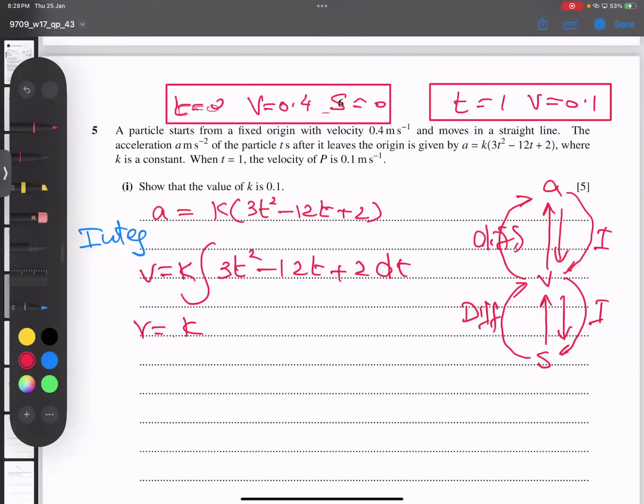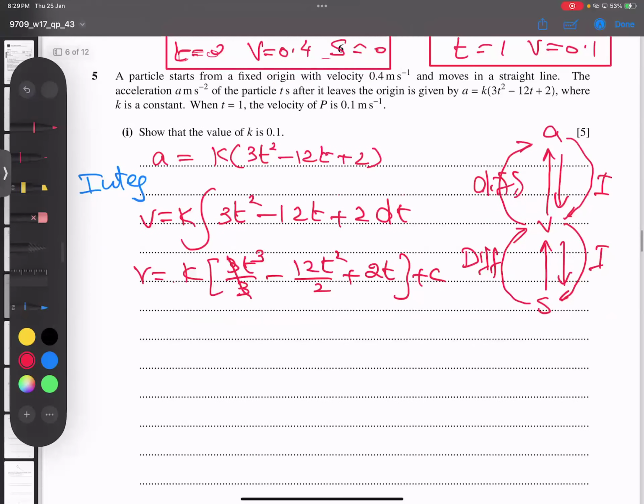What is the rule of integration? Increase the power by 1 and divide by the same. So this becomes 2t, plus c. I write plus c outside because k is multiplying. So v equals k times (t cube minus 6t square plus 2t) plus c.